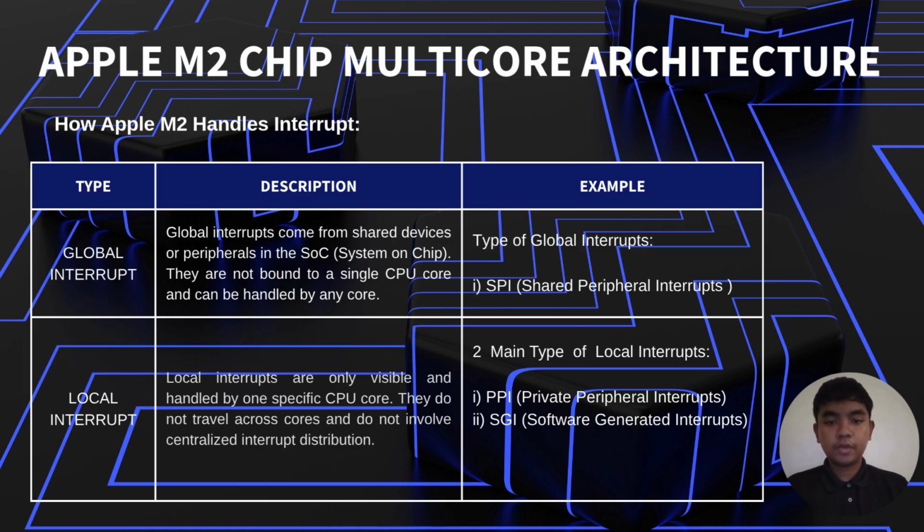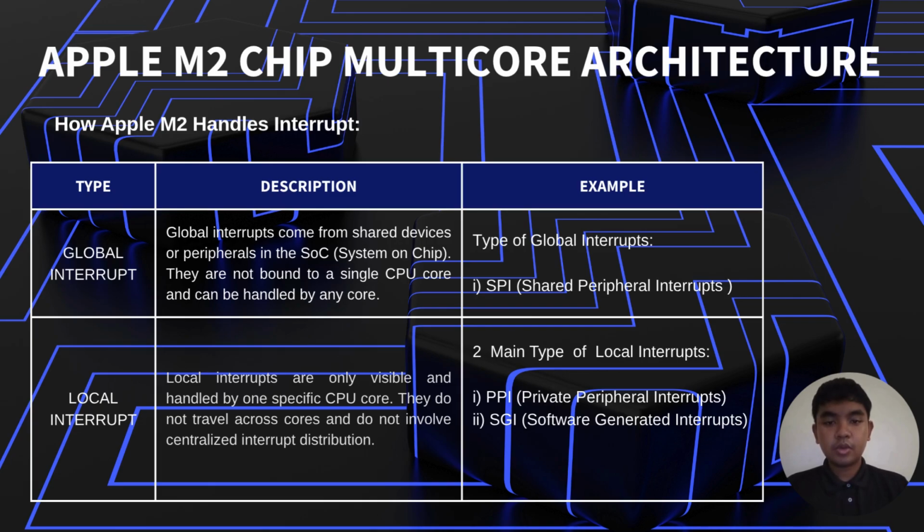There are two types of interrupts, that is global interrupts and local interrupts. Global interrupts come from shared device or peripherals in SoC, system on chip. They are not bound to a single CPU core and can be handled by any core. Type of global interrupt is SPI, shared peripheral interrupts.